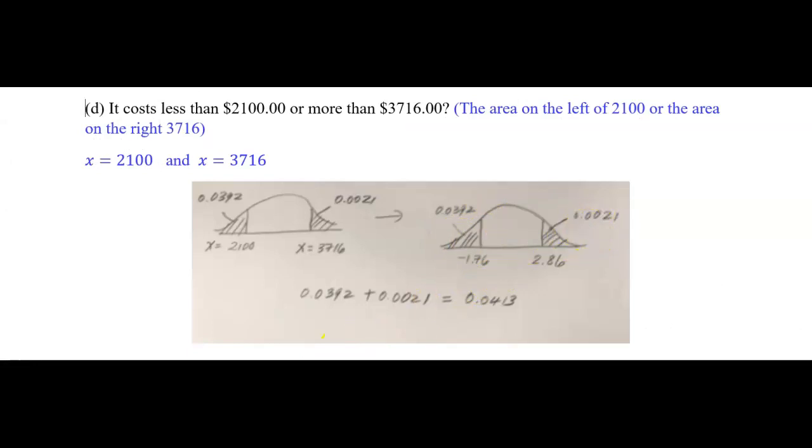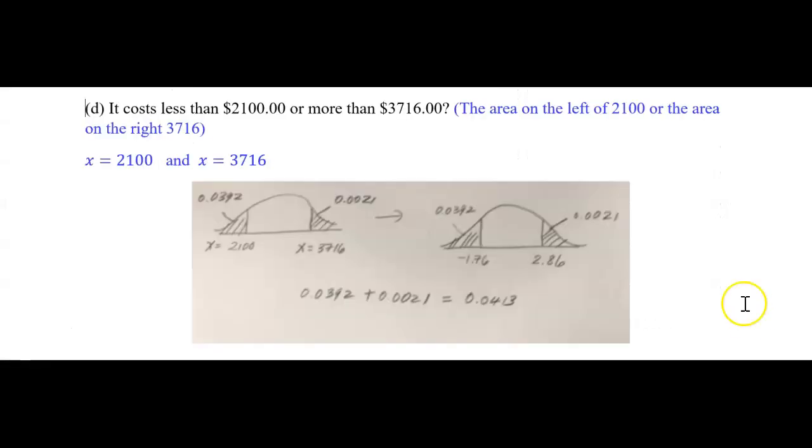I didn't show the calculation here, but perform this calculation as I'm saying it: 1 minus 0.9979, you will see it's 0.0021, right? That's why we have written here the area to the right side is that.